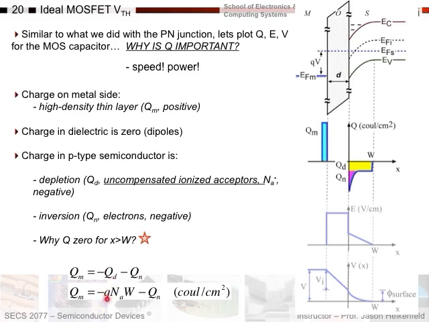It is basically q, in coulombs, times the density of boron atoms in my semiconductor, times my depletion width, W. The units work out as well: multiplying per centimeters cubed by centimeters, I end up with coulombs per centimeter squared, my charge density at the surface.